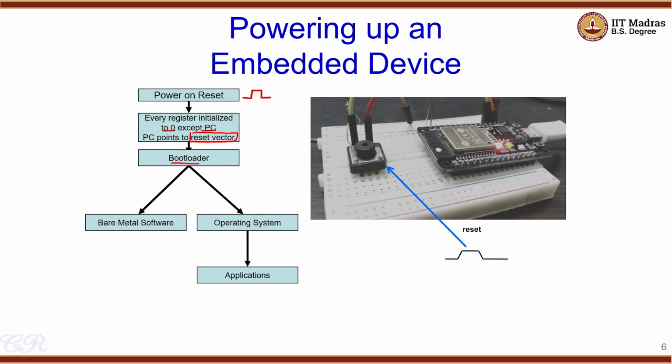If your embedded device has an operating system, then the bootloader would start loading the operating system. The OS would execute and then eventually start loading the applications and start processes, and the rest is of course well known. This is what happens in an embedded device.